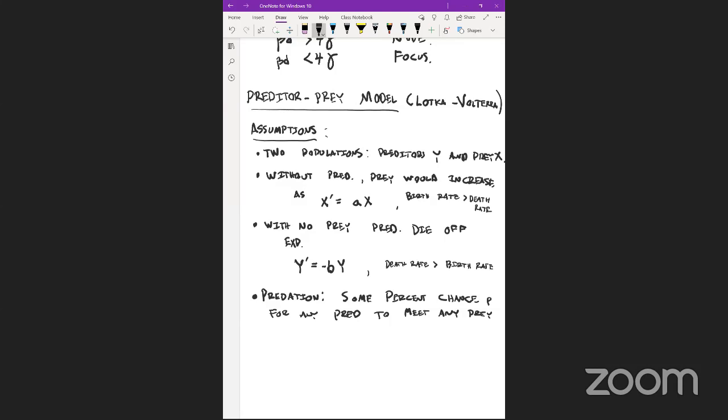It might be helpful, instead of thinking of lions and antelopes, to think of locusts and sparrows or something like that, where you could really assume that there's some kind of mixing. There's some percent chance for any predator to meet any prey, and some percent chance, H, that the hunt is successful.